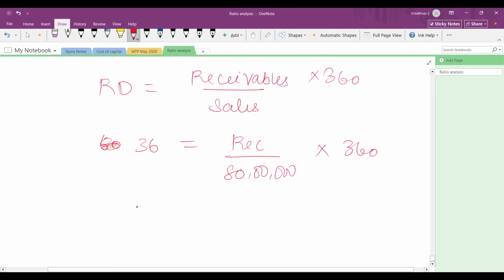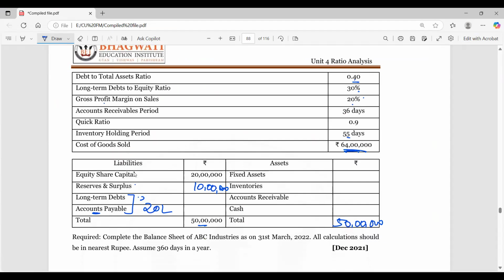So what is the amount of receivables? Did everyone get it? 8 lakh rupees. Clear? Next, what can we calculate here?